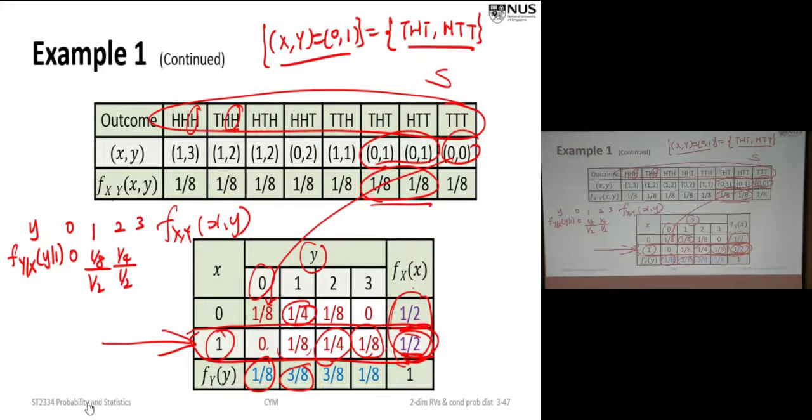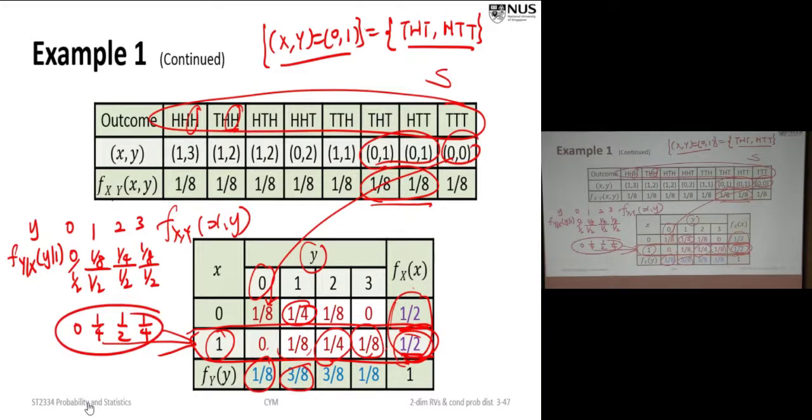When y equals 3, it is 1/8 divided by 1/2. All right, this one is 0 divided by 1/2. So now the conditional will be 0 divided by half is 0. This one divided by half is 1/4. This one is 1/2. And this is 1/4. So this is the conditional distribution.